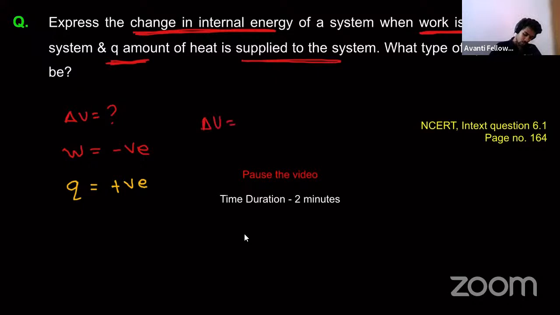Delta U is equal to Q plus W, or W plus Q, same thing. W is negative and Q is positive. Heat is being absorbed as well as work is being done by the system.